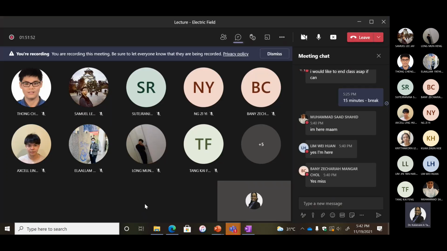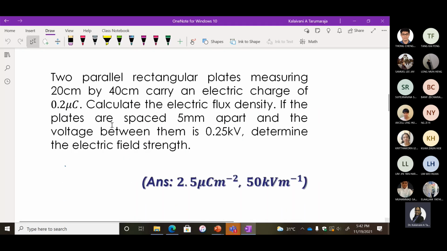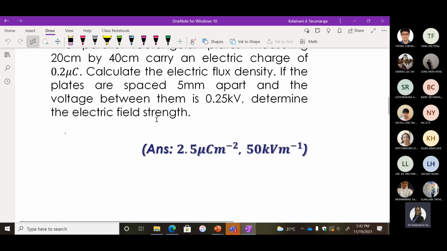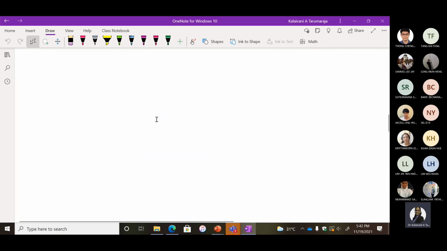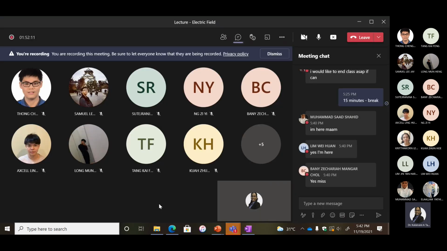Miss, repeat from your OneNote, the slides one. The first question I'm going to show you as an example. The other questions, question number 2 onward, you're going to do on your own. Make sure you complete it before Friday next week, so it is easy for us to discuss in next week's class.